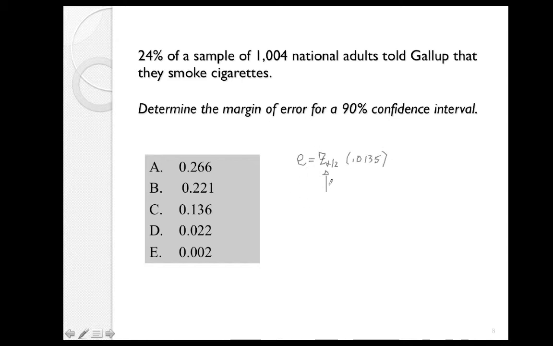And the Z score for the 90% confidence interval is 1.645. And so that product is going to lead us to B, 0.221. So the margin of error is either 0.0221 as a proportion or 2.21%.